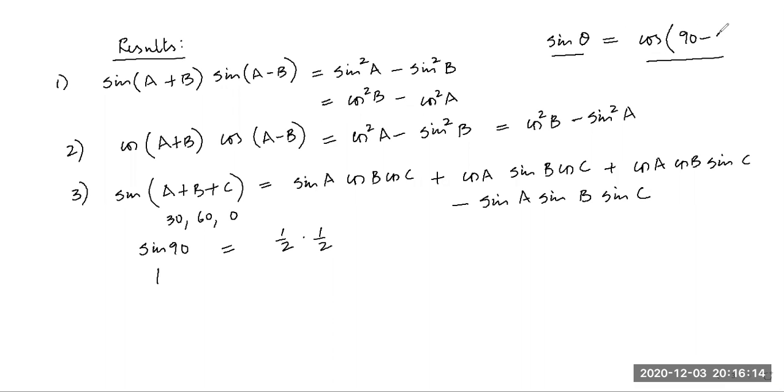Beautiful. So basically sine and cosine are complementary, and the complement of theta is 90 minus theta. Right? Remember that. Similarly, don't forget tan of theta is equal to, yes, 90 minus theta.